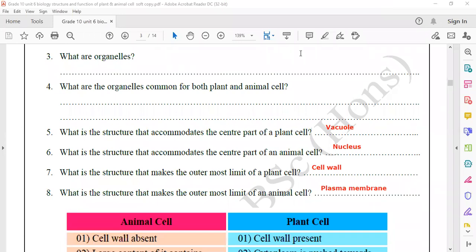That I told you last class. If you want, you can read and see the third question's answer. What are organelles?